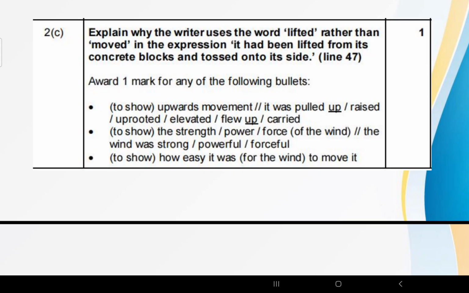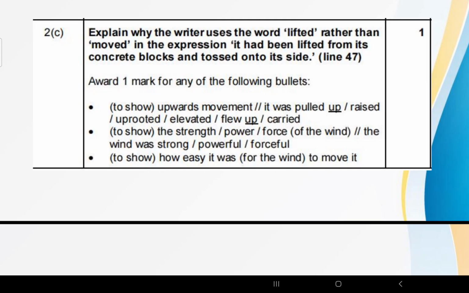It is simple. Let's have a look at this mark scheme. There are three possible justifications or explanations of this question, and you can write any one of those.